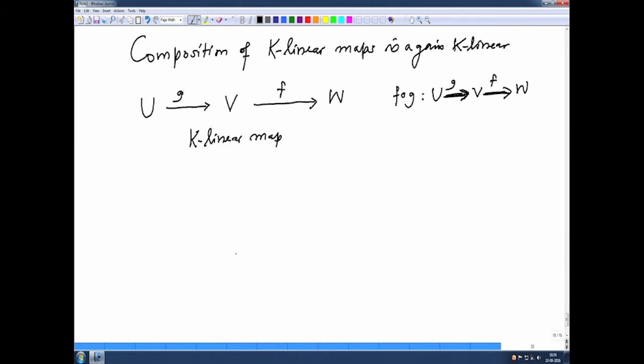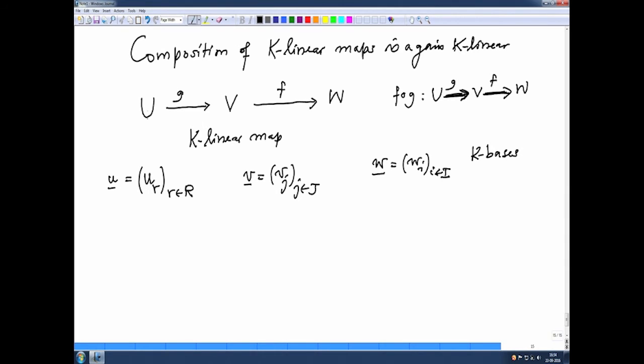Now, to study G we need a basis of U, to study F we need a basis of V, and to write the images we need a basis of W. So we will choose a basis U_r, r in R, of U. The basis of V is V_j, j in J, and the basis of W is W_i, i in I. These are K-bases of U, of V, of W. And how do you study G?